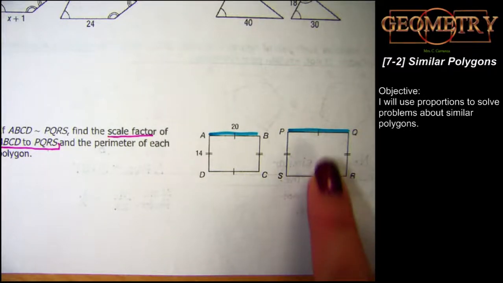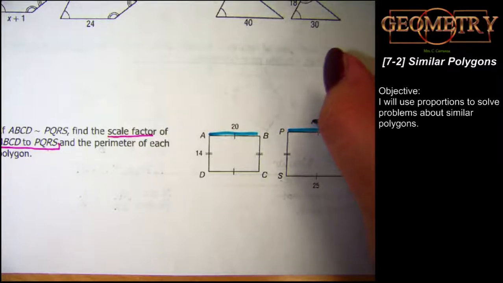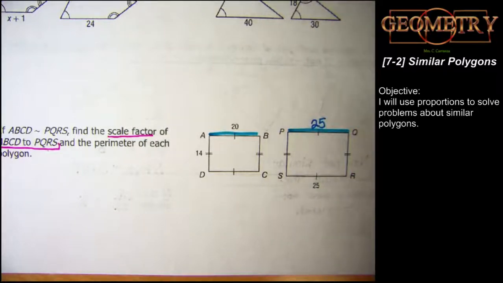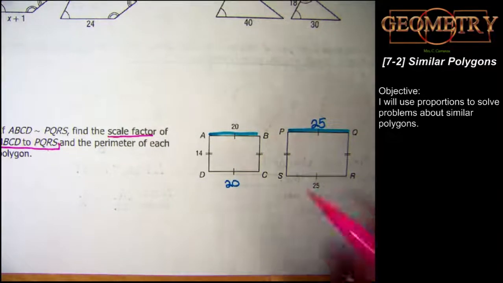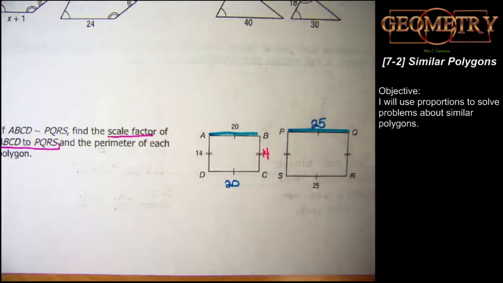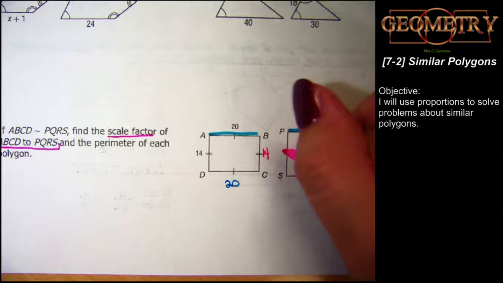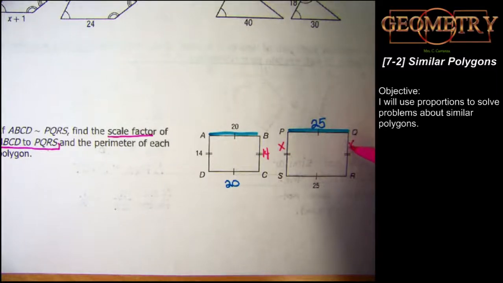It's a rectangle, opposite sides are congruent, which means, as he stated, yes, that is 25. If I look at ABCD, I've got the same argument happening, and so there are all the sides for ABCD, and I don't know what the sides here are for PQRS, but I can put a variable.